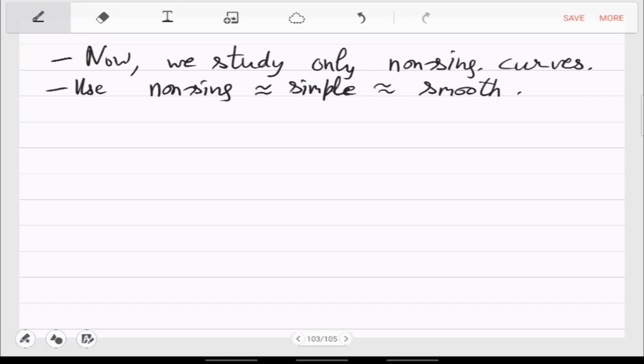Okay, these things will mean the same from now on. So non-singular curve or point, simple curve or point, and smooth curve or point.